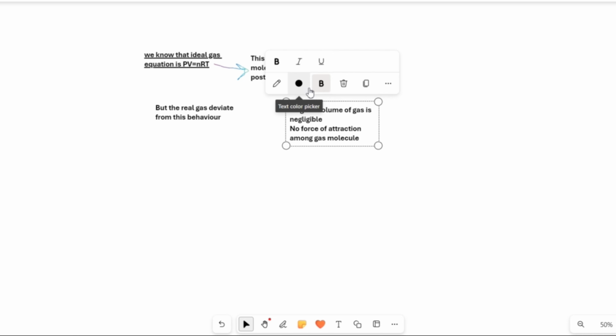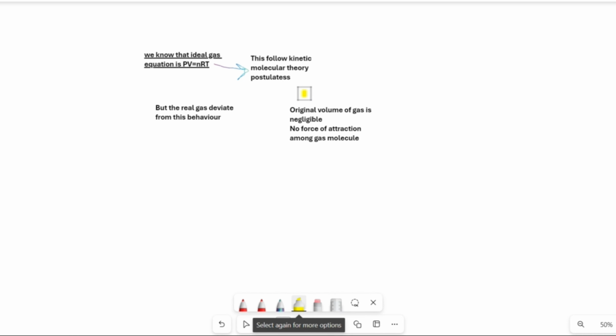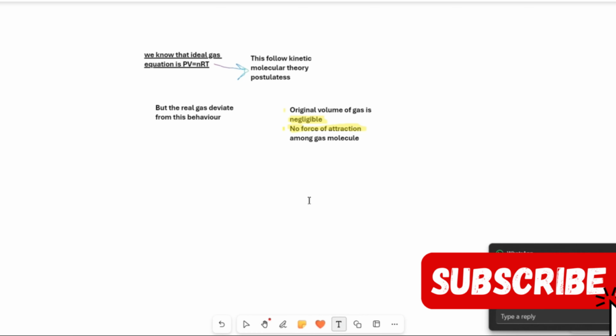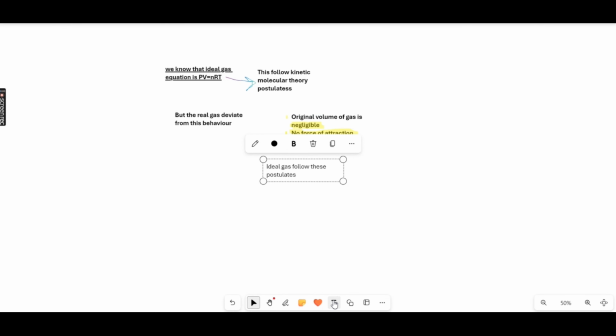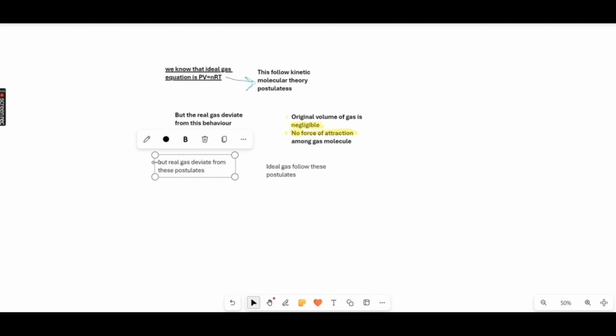Ideal gas follows these postulates. That's why at high temperature and low pressure gas behaves ideally, and at high pressure and low temperature gas behaves non-ideally. Because real gas deviates from these postulates, gas molecules occupy finite volume.